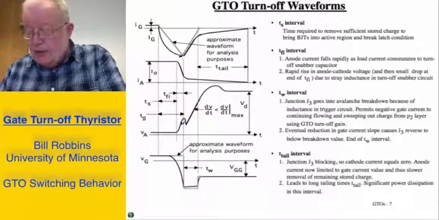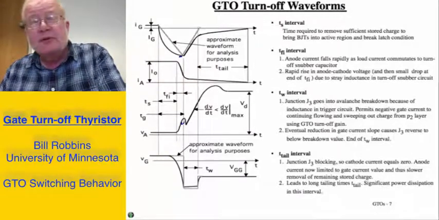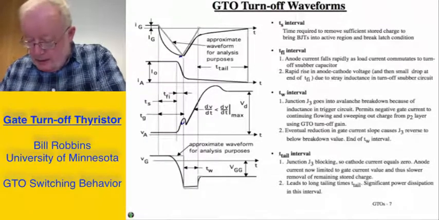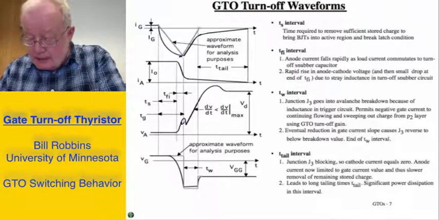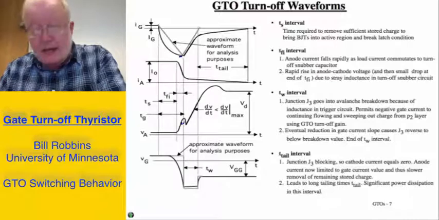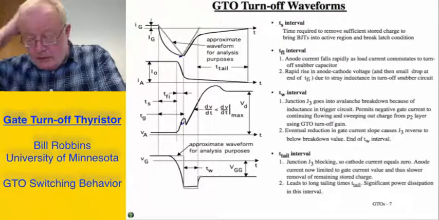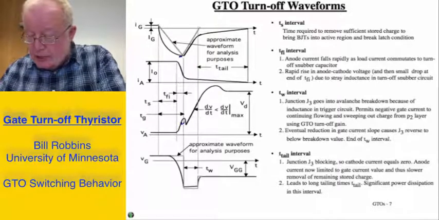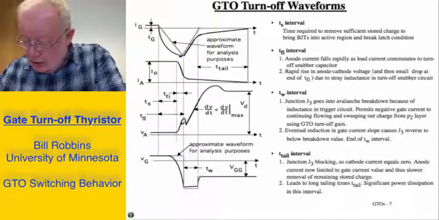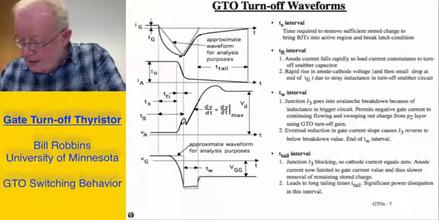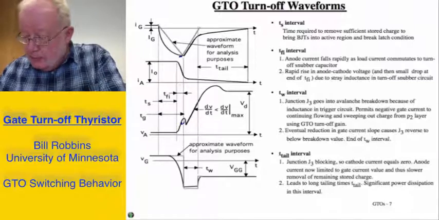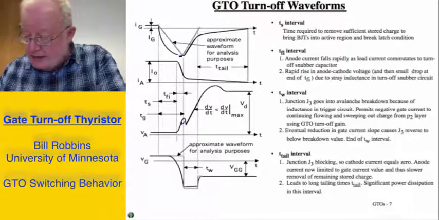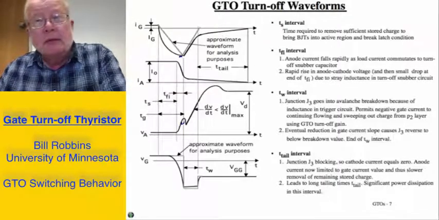And in fact, that stray inductance, or maybe even a purposely inserted inductance in the gate drive circuit, may be inserted in order to guarantee that for a short period of time we break down the junction in order to maintain a large current flowing in the negative direction through the gate, and that is the region labeled here T sub W. During that time, if we didn't have breakdown and the junction then became reverse biased, then there would be no current being able to flow out the cathode.